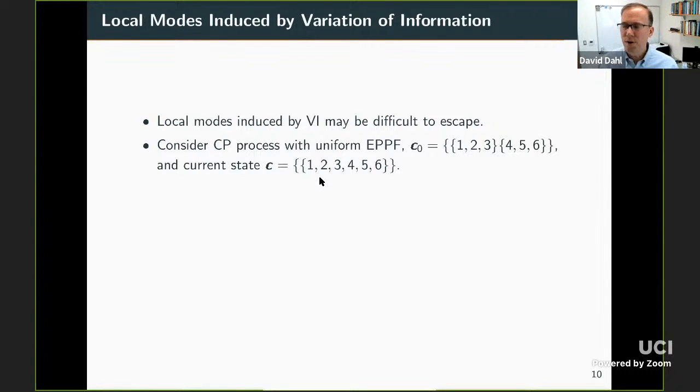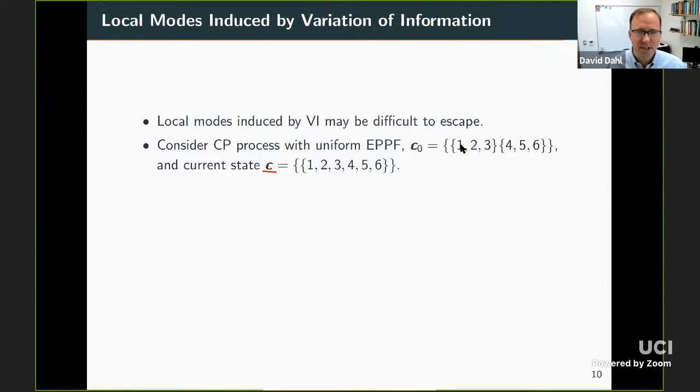I think the last point, since I'm running out of time, is just to point out that the CP process is very flexible in the choice of the partition metric that we use to penalize departures from the centering partition. But we have to be a little bit careful with the VI, at least, which is the default in this CP process paper.